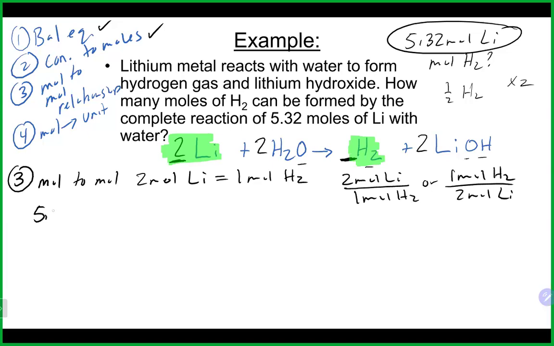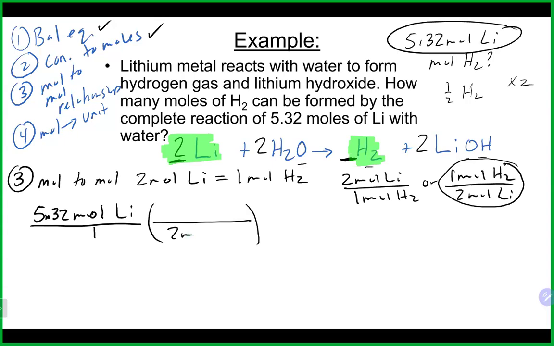We're going to go 5.32 moles of lithium. And once again, if we put a 1 over it, we can clearly see our lithium is up on top. So remember, opposites get rid of it. And that's what we're trying to do. So should I use the conversion factor on the left or right in this case? The right has the lithium in the opposite location, right? So we're going to use the one on the right.